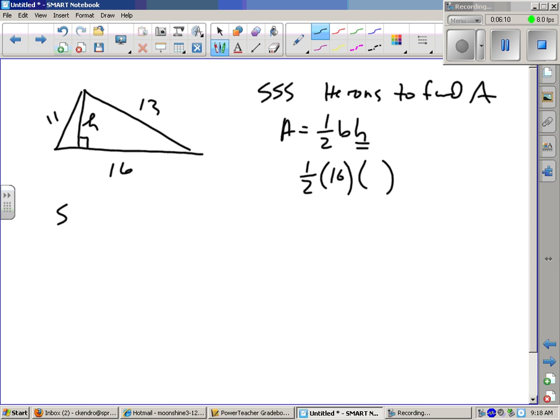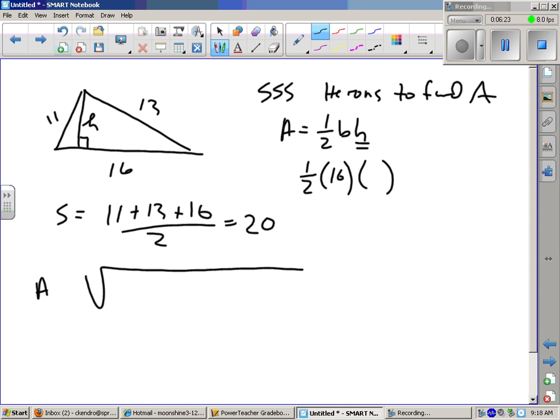All right, so let's do this. First, let's find the semi-perimeter. That's 11 plus 13 plus 16 divided by 2. So that's 40 divided by 2 would be 20. So the area formula, or K, whichever one you want to use, would be the square root of 20 times (20 minus 11), (20 minus 13), and (20 minus 16).